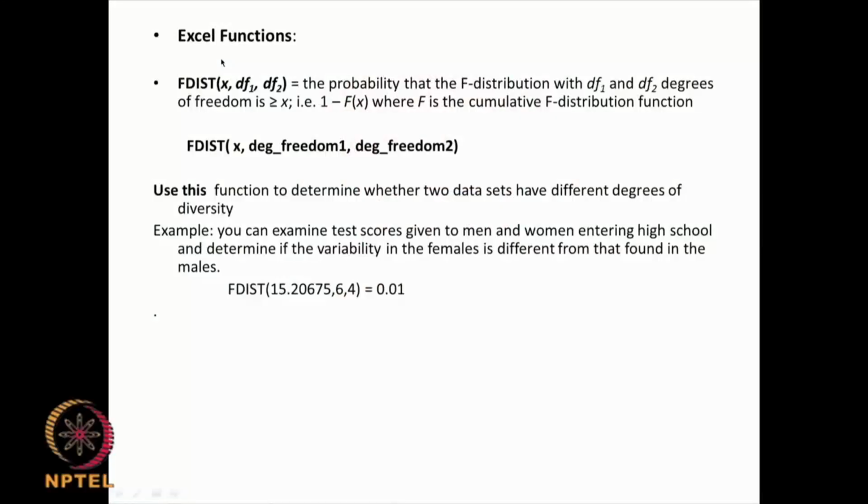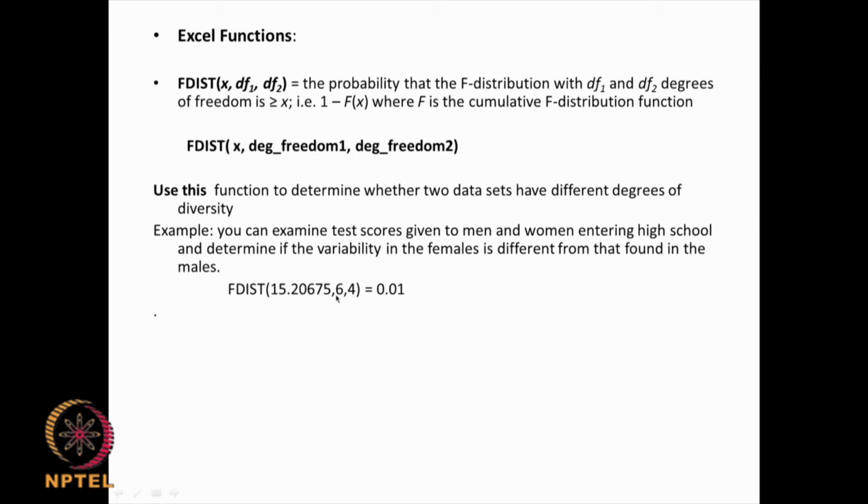Now, this Excel function is also there, that is called the F dist function. So, we give the value, and F dist gives you the probability for the F distribution with df1 and df2 degrees of freedom. This gives you a cumulative probability actually.